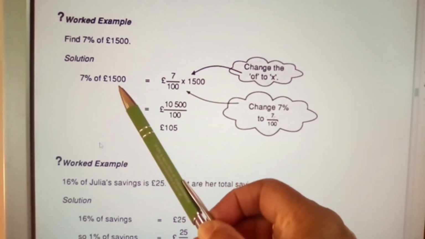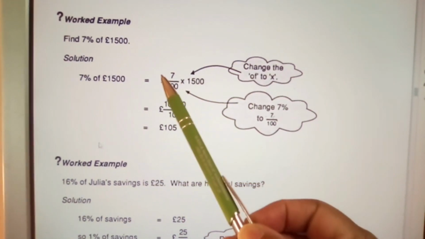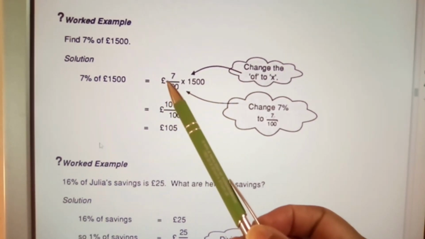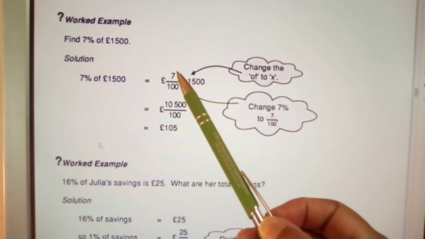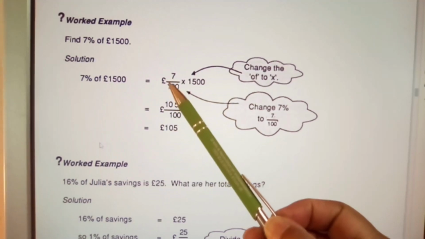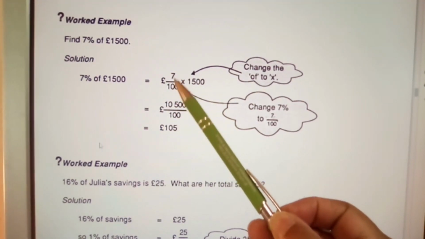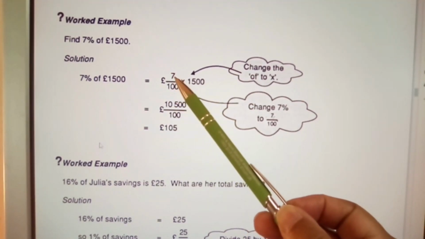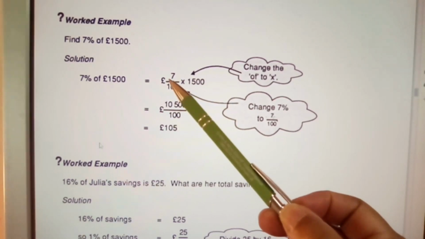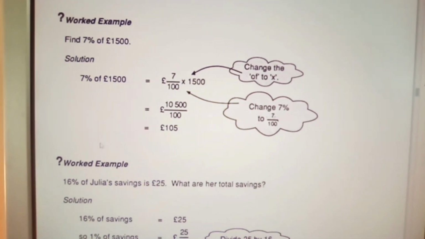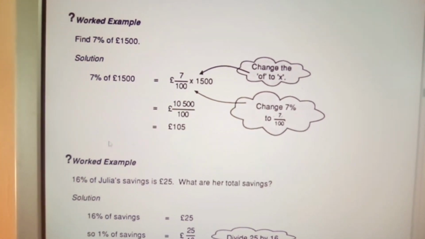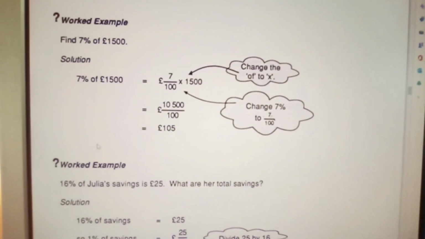7% of 1,500 equals, now remember we're still dealing in pounds, okay? So we're looking at 7 over 100, it's a fraction, basically, of 100. So let's look at it a different way. I'm going to get a pen, and let's look at it from a different angle.